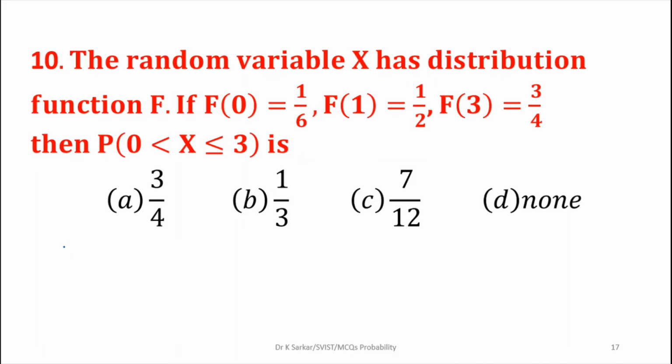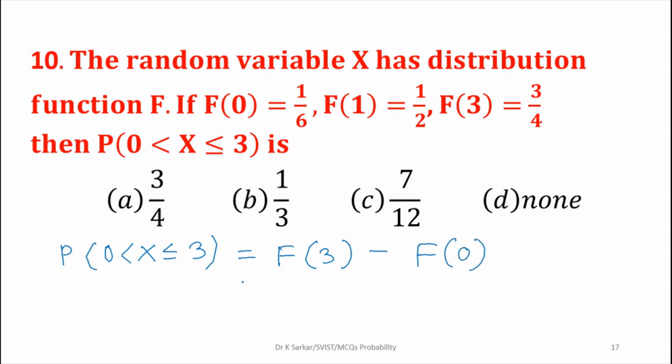According to the distribution function property, the probability for x less than or equal to 3 and greater than 0 is F(3) minus F(0). So this is 3 by 4 minus 1 by 6, and the answer is 7 by 12. So option C is the correct answer.